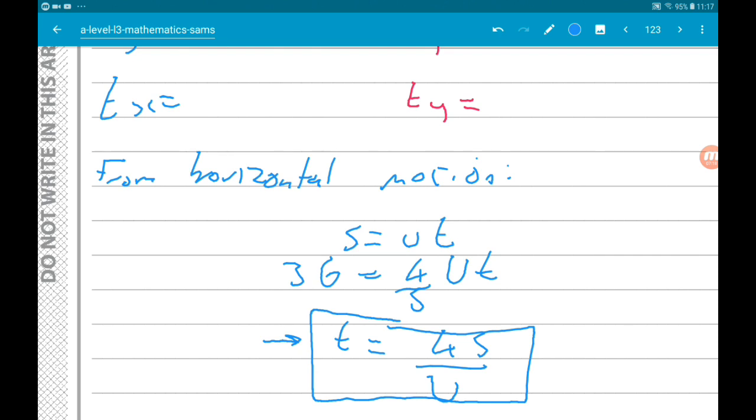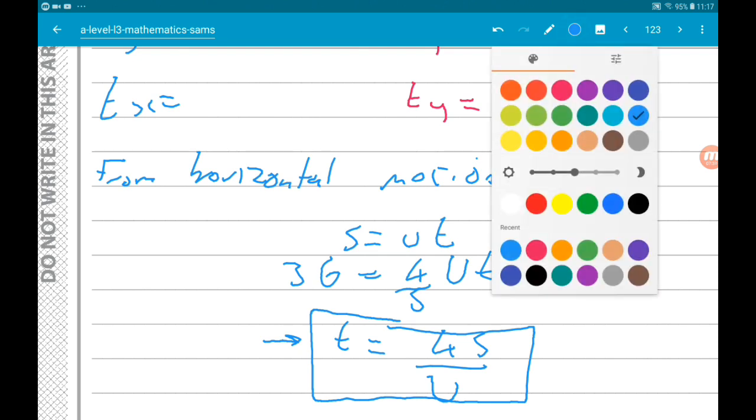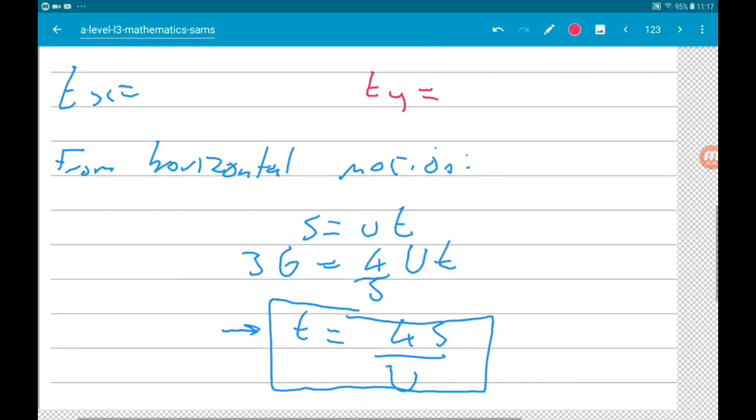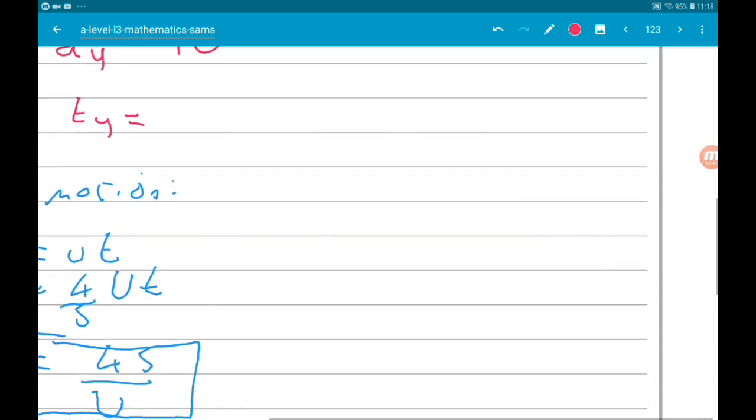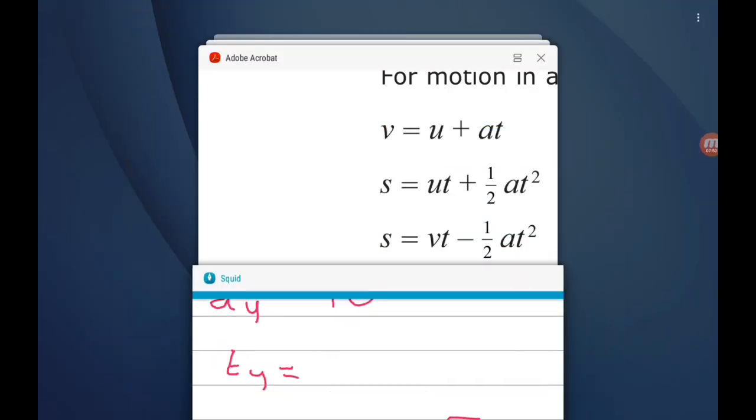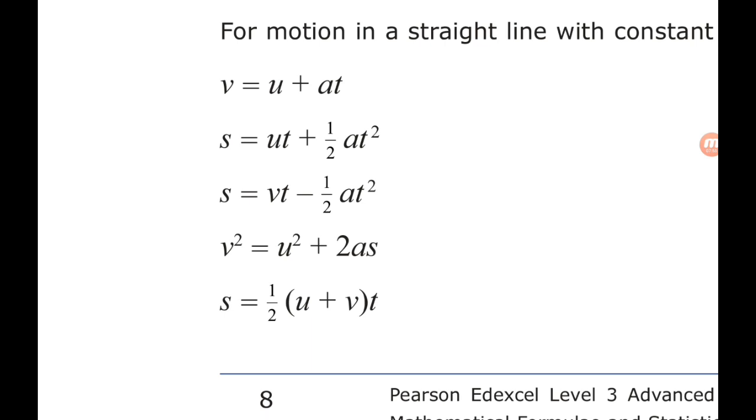Okay, so what we're going to do now is use vertical motion to get another equation that's going to involve t. We can now eliminate t and substitute this expression in u. So, from the vertical, now we can actually use the same equation.